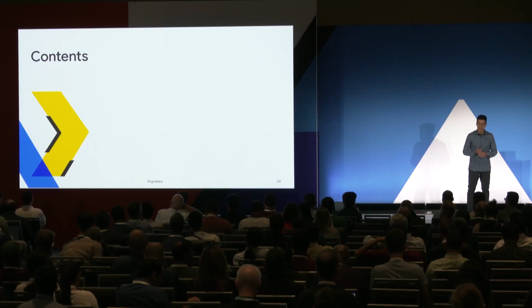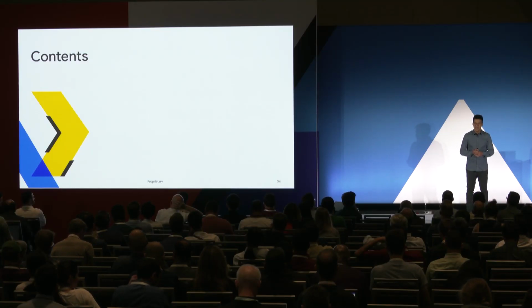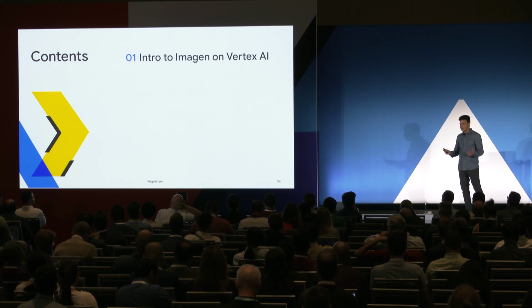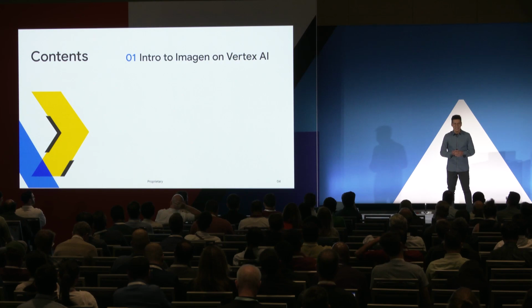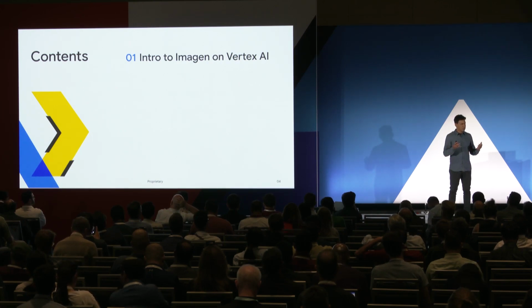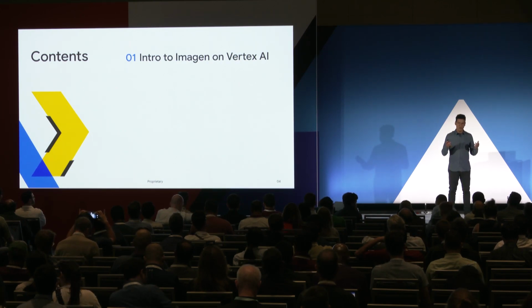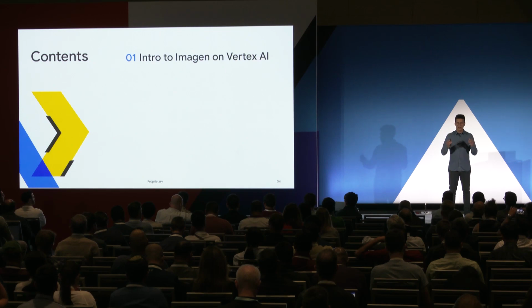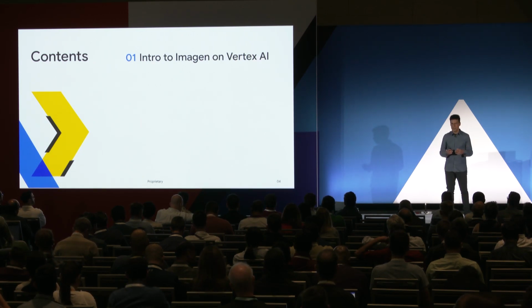In terms of an introduction, I'd like to cover 5 key things we'll cover today. First, we start with an intro, and we're going to talk about Imagen on Vertex today. It's Google's generative AI product. But first of all, we start with a basic foundation about text-to-image models, generative AI.